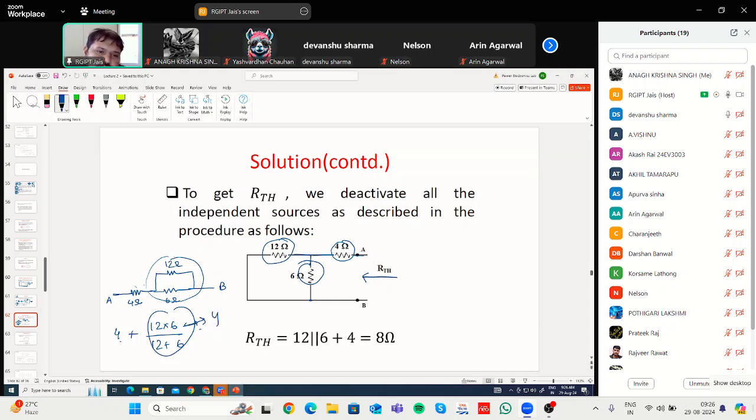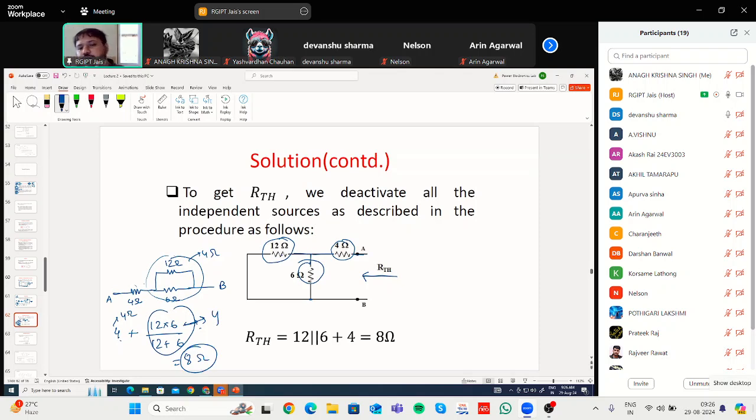Okay, so this equivalent resistance will be of 4 ohm. This will be of 4 ohm. So 4 and 4 and 4, the total will be 8 ohm. So the equivalent resistance, RTH, or Thevenin's equivalent resistance, will be 8 ohm for this particular circuit.